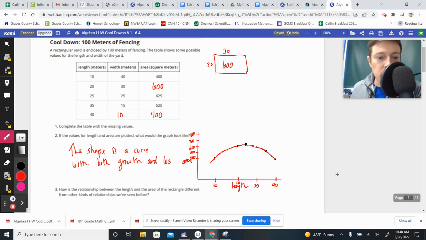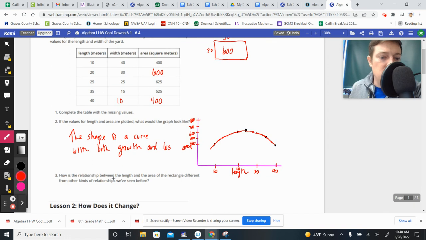How is this relationship between length and area of a rectangle different from other kinds of relationships we've seen before? We've never seen a curve that shows both growth and loss. And I guess I kind of answered number 3 there when I wrote down number 2, right?